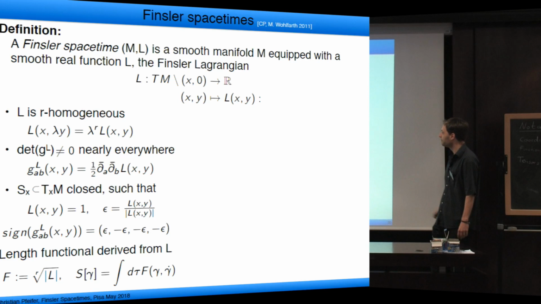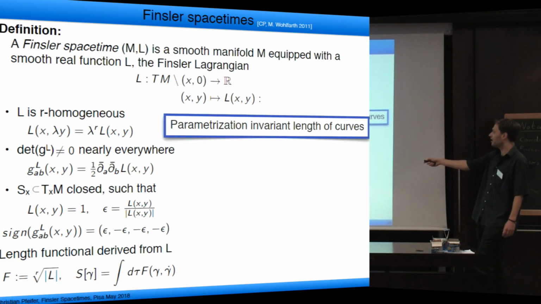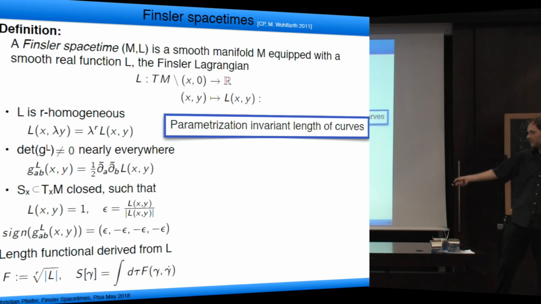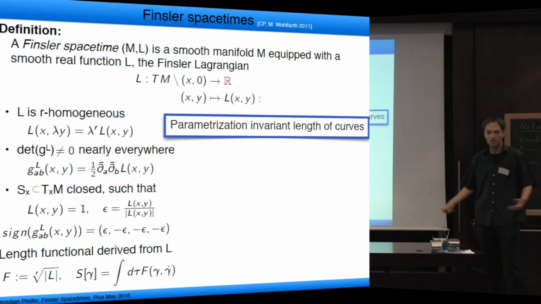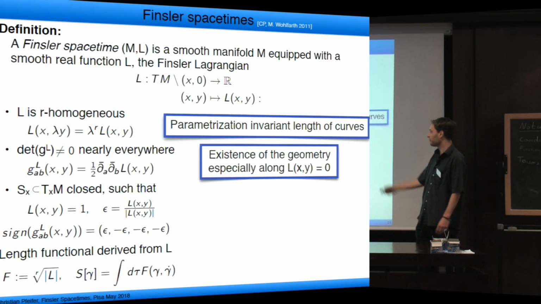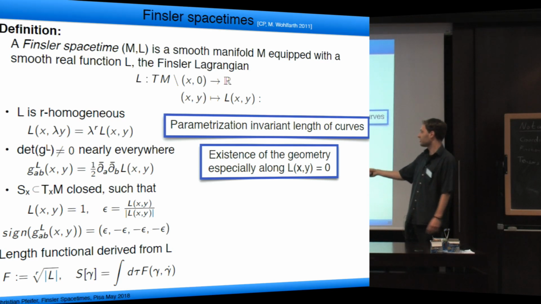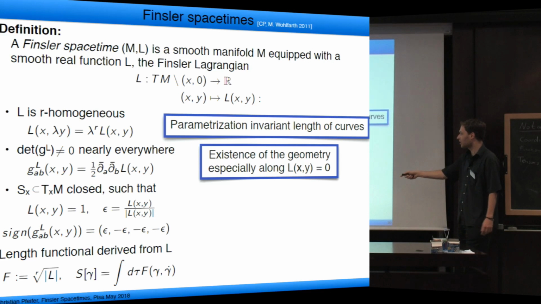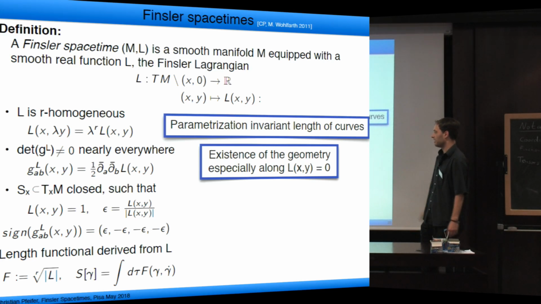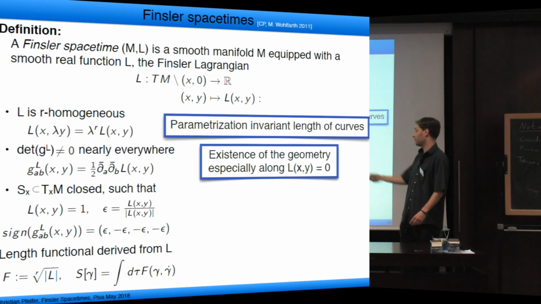So why do we need them? The homogeneity ensures the parametrization invariance of this length measure for curves. This we need to have our geometric clocks. This non-degeneracy condition, that we want non-degeneracy at least somewhere, ensures the existence of the geometry, and in particular we want that along the null directions of the space-time this L metric is non-degenerate nearly everywhere.